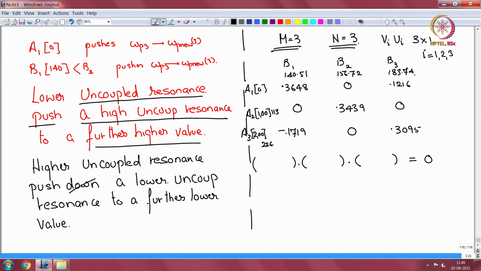Okay. And very interestingly, this structure of the matrix tells you many things, that B2 and A2 are coupled together, okay, but in no other place do they couple, so they form a separate system.